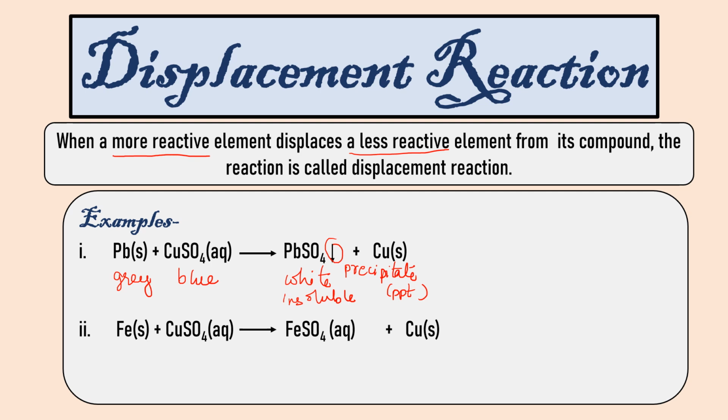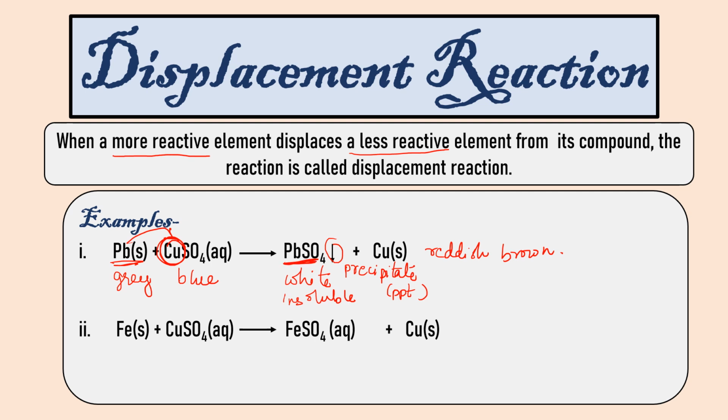Now this copper metal is reddish brown in color. So we'll see particles of copper in the beaker along with this lead sulfate. Now we can see lead has displaced copper from its compound and taken its place and has formed lead sulfate.